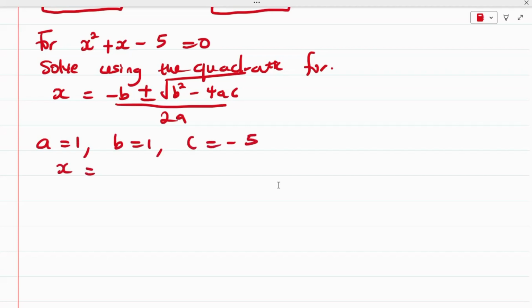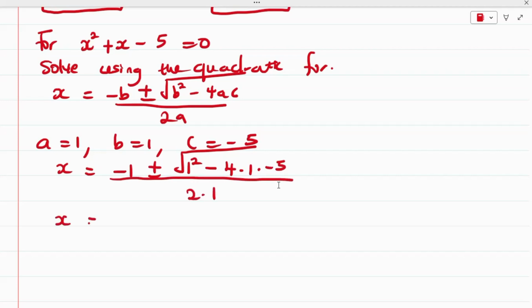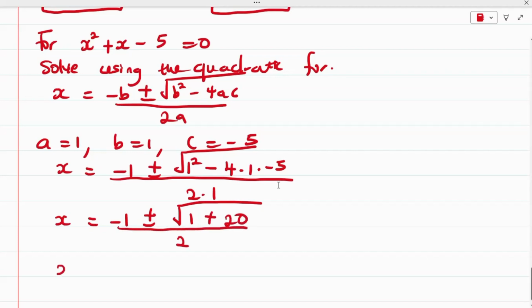So x is equal to minus 1 plus or minus the square root of 1 squared minus 4 multiplied by a, which is 1, multiplied by c, which is negative 5, over 2 multiplied by 1. So x is equal to minus 1 plus or minus the square root of 1 squared is 1, minus 4 multiplied by 1 multiplied by negative 5 is going to give us plus 20, over 2 multiplied by 1 is 2. So x is equal to minus 1 plus or minus the square root of 1 plus 20 is 21, over 2.